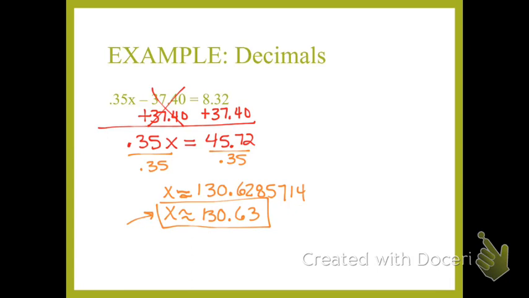Now, another way to solve this exact same problem would be to do what we call clearing the decimals. So the first thing I would do is I would want to find the decimal value in my problem that goes out the furthest.